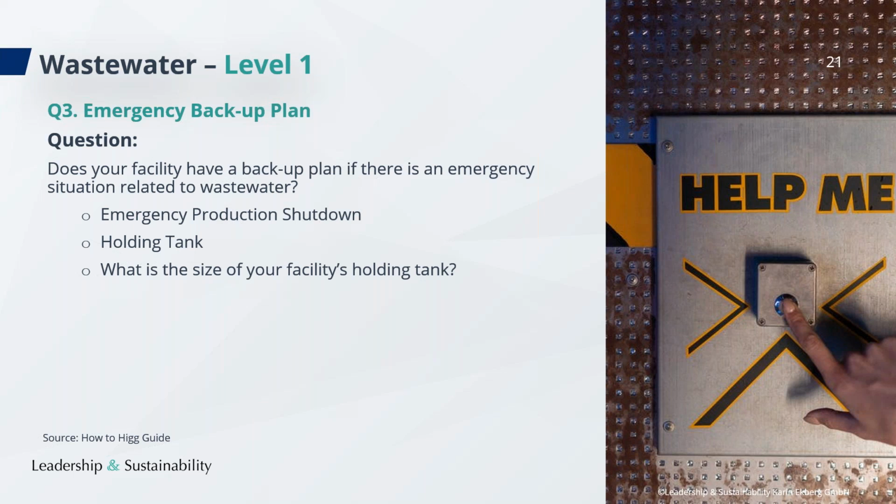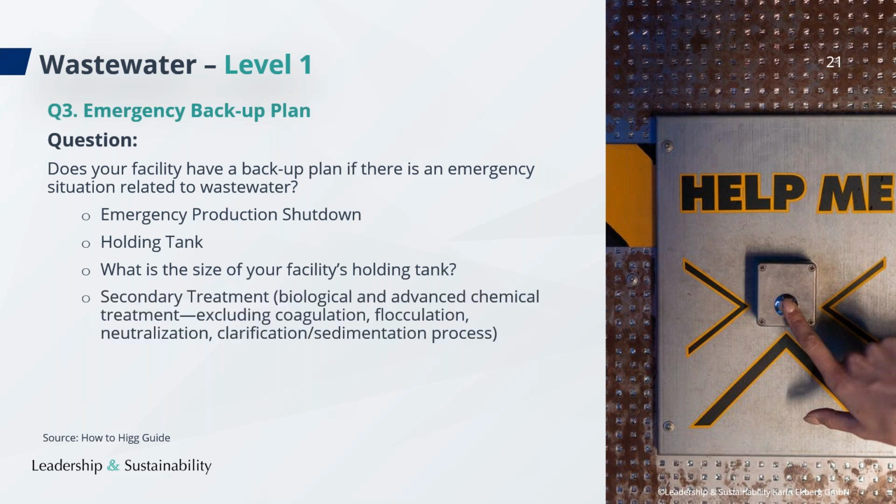And then the question is, if you have a holding tank, what is the size of your facility's holding tank? And we recommend that it should be at least 1 day of wastewater that you can hold in this tank. Then do you have a secondary treatment, any other treatment? Do you have the possibility to discharge to your offsite water treatment plant without having to use your own plant?